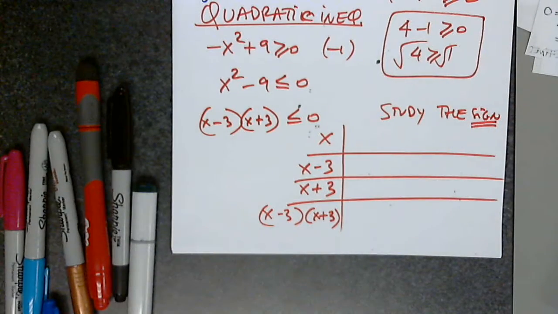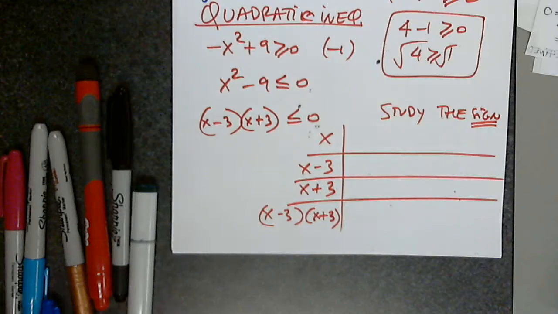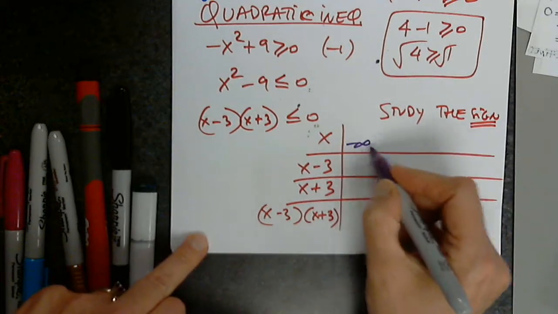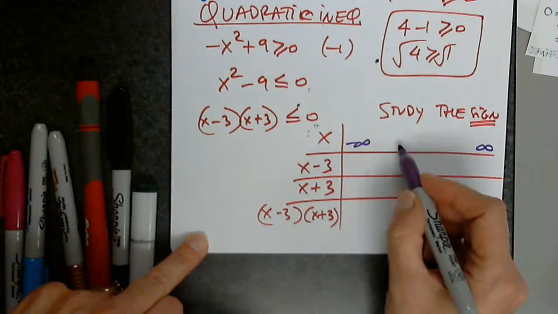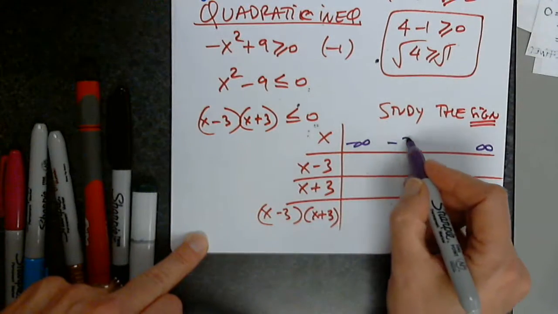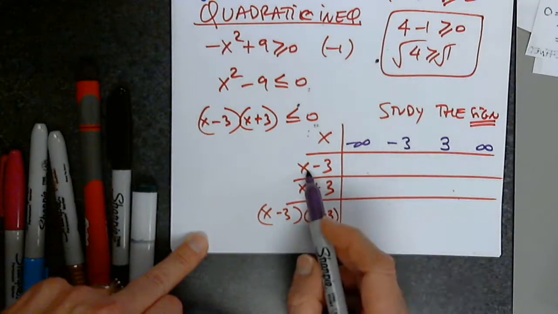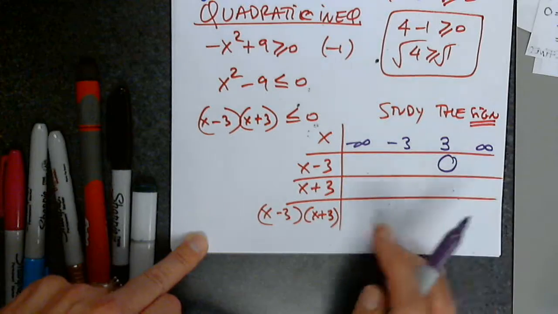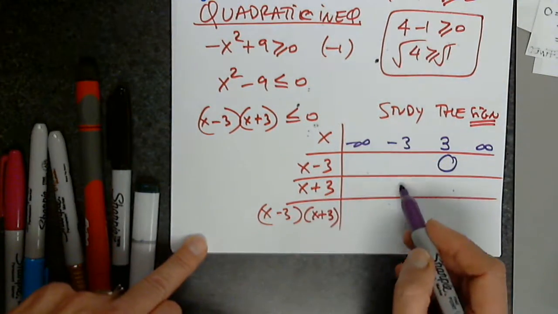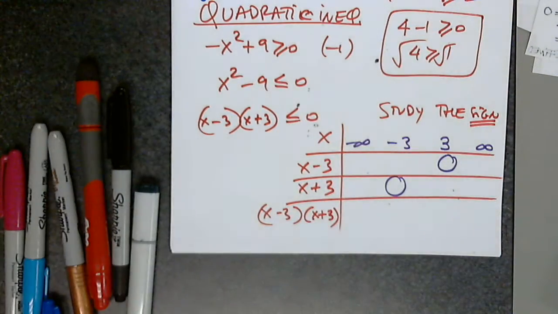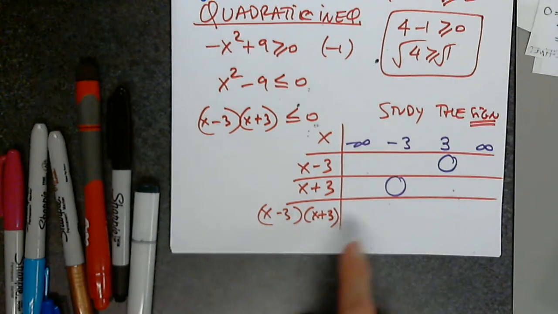Good. So when is x minus 3 equal to 0? So indeed, -3 and 3. I have to put them in ascending order. So x minus 3 is 0 at 3, and x plus 3 is 0 at -3. What happens at -3 to the product?